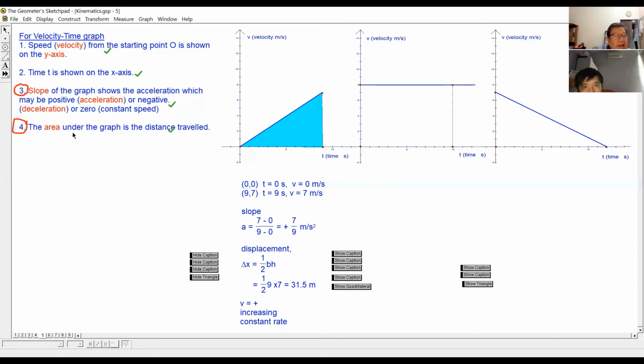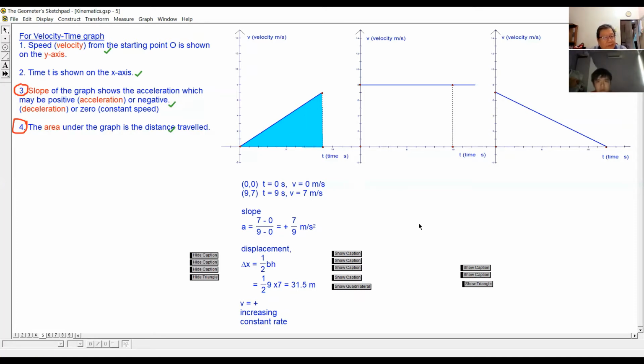The second thing is the area: the area under the graph shows the displacement covered or the distance traveled by the object. So you need to find these two things. I find the slope, and it is a positive number, which means positive acceleration. Then I find the area, which is 31.5, and that is the distance covered during this period of time.